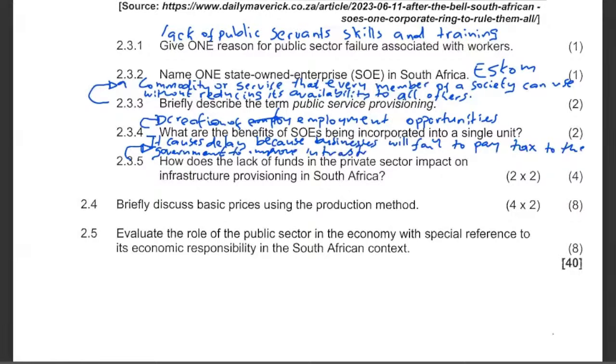To improve infrastructure. Okay, so now also the second one, saying that households fail to pay income tax.